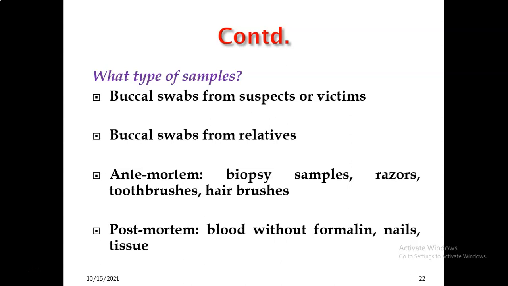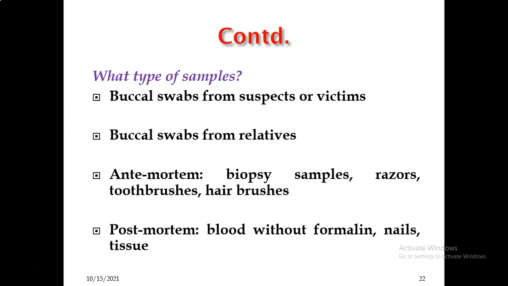What type of samples do we normally take for comparison purposes? Buccal swabs or cheek swabs from suspects or victims using sterile swabs. Buccal swabs from relatives, close ones, are preferable.